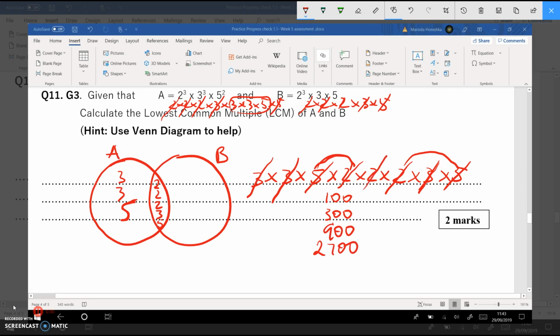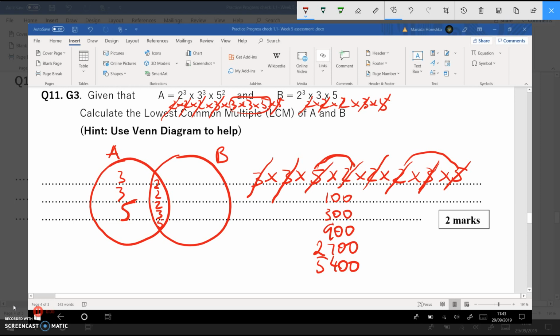And finally we have a 2, so 5,400. So trying to make tens is a trick, then eliminating the bigger numbers, so multiplying first by the bigger numbers, because that would be easier than multiplying big with big numbers.